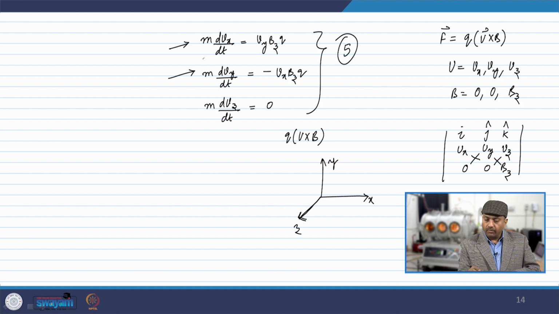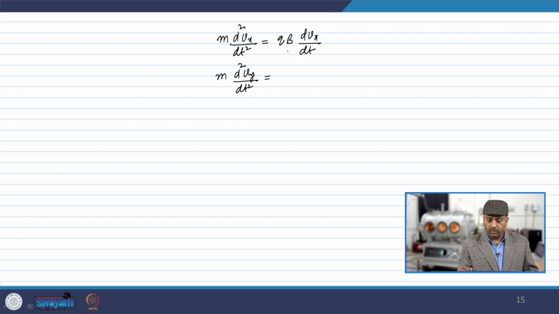Now, let us try to understand this mathematically. I will take a derivative with respect to time on equation 5. So, m d square Vx by dt square is qB dVy by dt, and m d square Vy by dt square, taking the time derivative on the last equation, is minus qB dVx by dt.